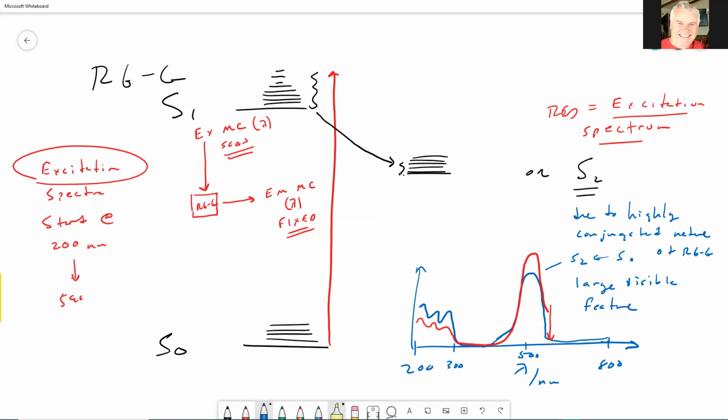I'll make it blue here. And then there's a blue emission. It's actually a red emission, which is unfortunate choice of colors on my behalf. But so this is the excitation, and this is the emission.